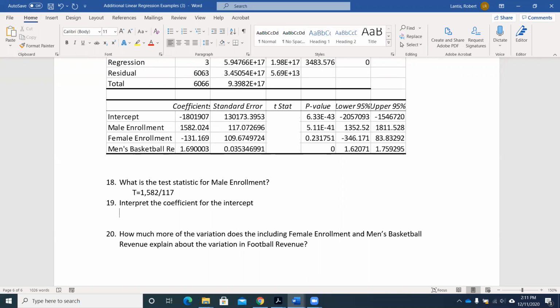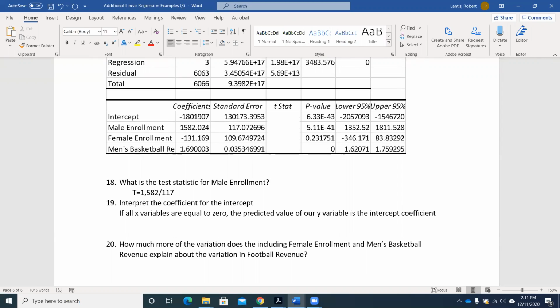So the way we interpret this intercept generally is if all X variables are equal to 0, the predicted value of our Y variable is the intercept coefficient.